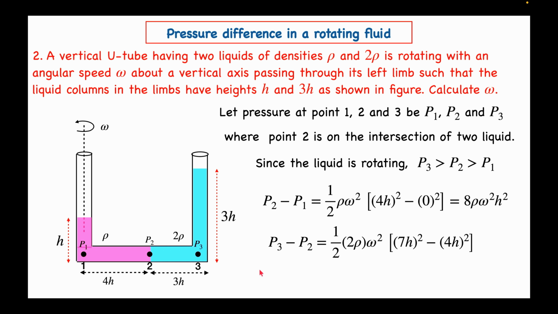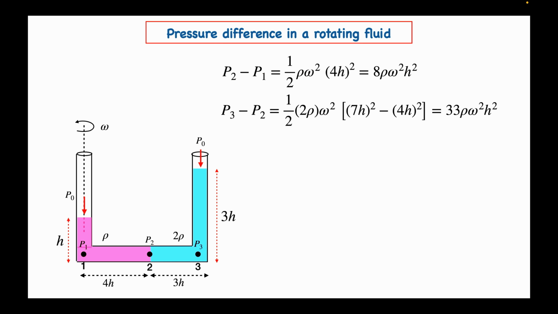So we get P3 minus P2 equal to half into 2 rho, since the density of this liquid is 2 rho, into omega square (7h square minus 4h square), or P3 minus P2 equals 33 rho omega square h square. Adding these two equations, we get P3 minus P1 equals 41 rho omega square h square.